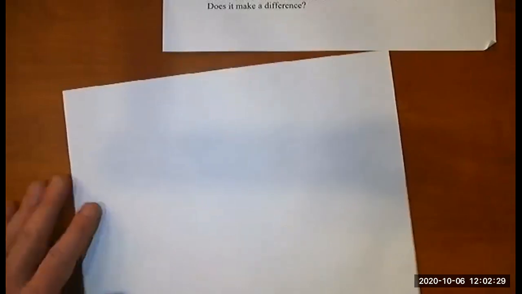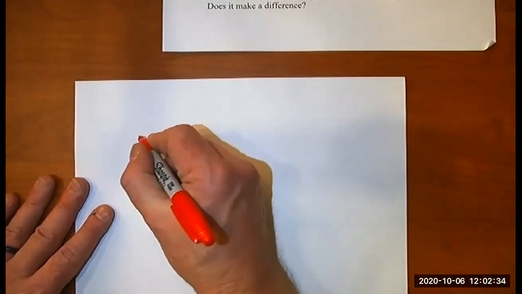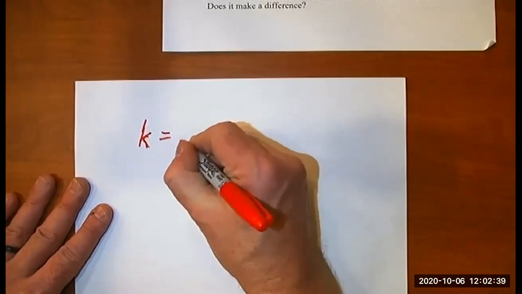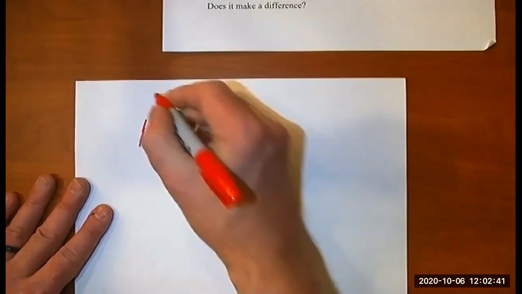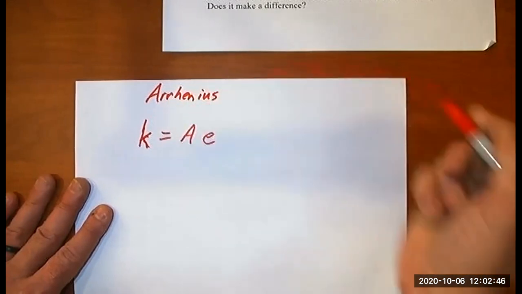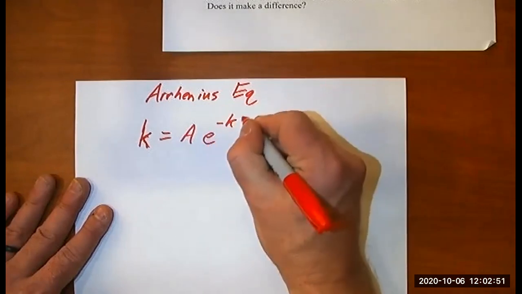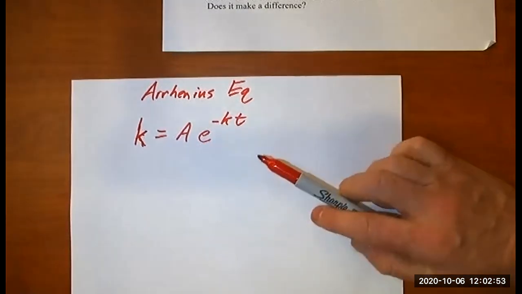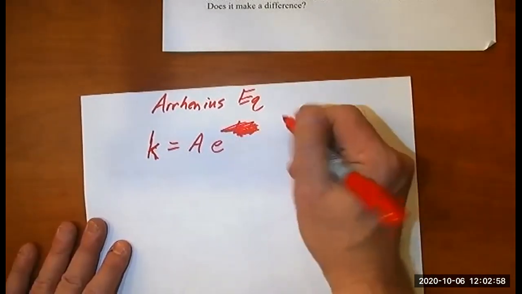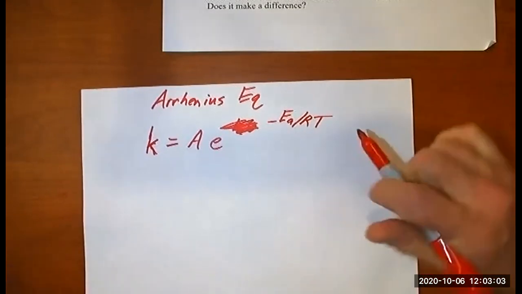So the idea in collision theory is that we're able to find an expression for the rate coefficient that is known as the Arrhenius equation: k = A e^(-Ea/RT).